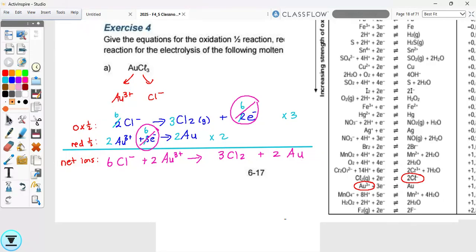Quickly tell me, what is the oxidizing agent? Good. And what is the product at the cathode? So I want to show you that all these questions can be answered from these two half reactions.